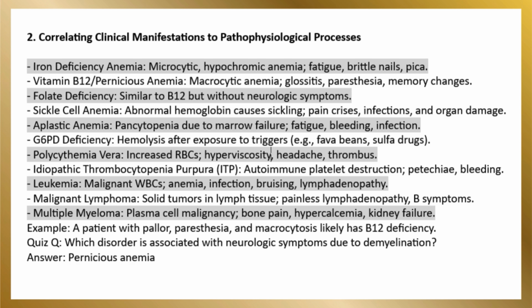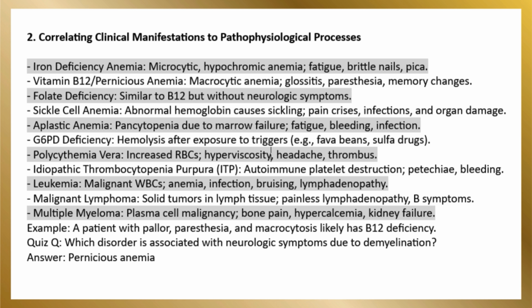Sickle cell has that S-shaped hemoglobin, aplastic anemia. It's due to marrow failure, and then bleeding, infection. The G6PD is glucose-6-phosphate dehydrogenase deficiency, and fava beans, sulfa drugs.